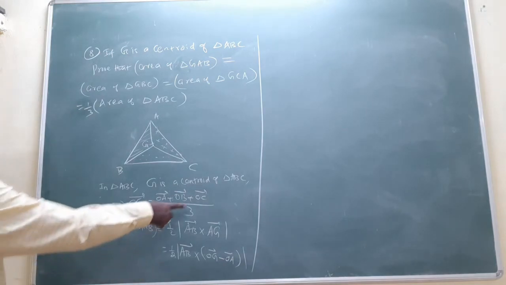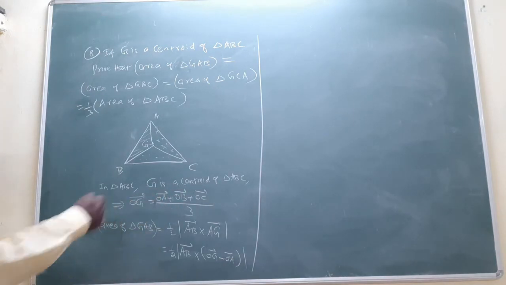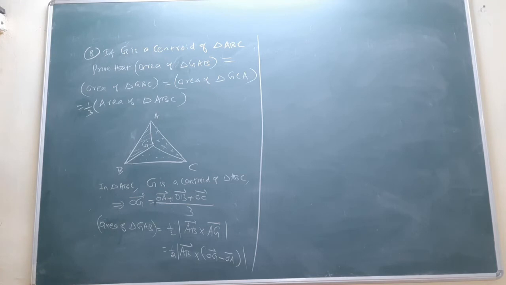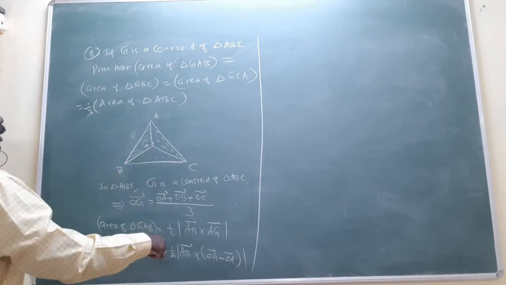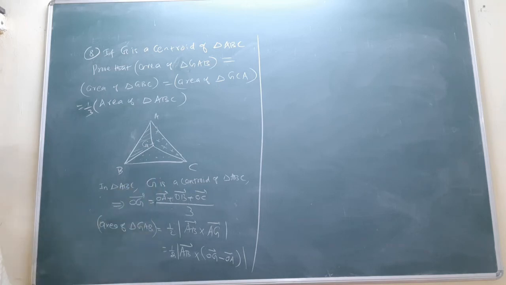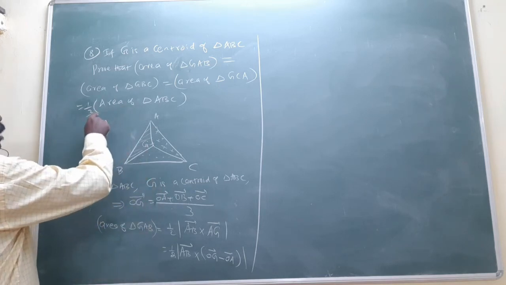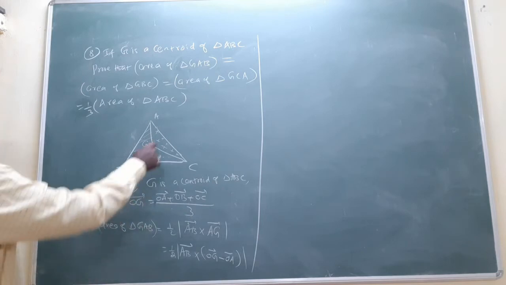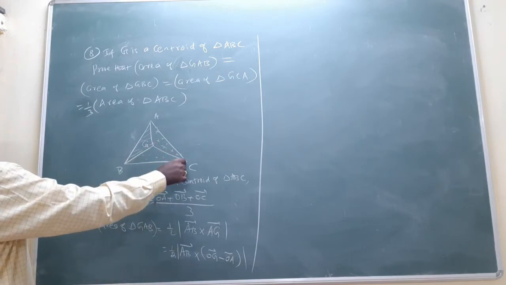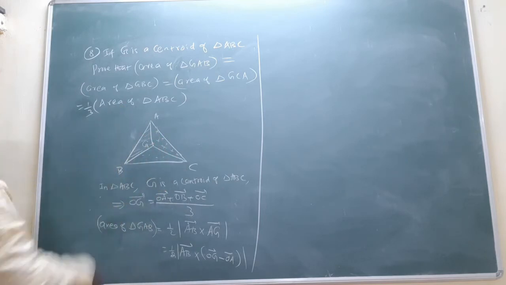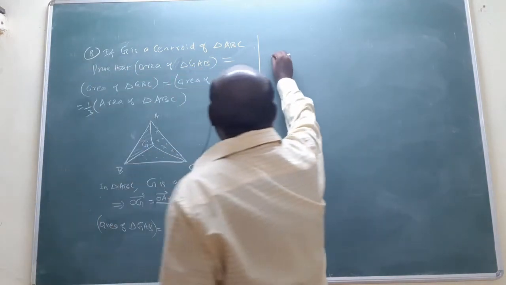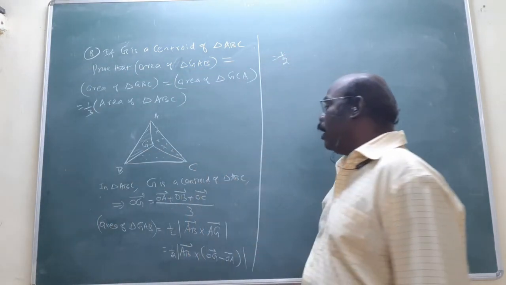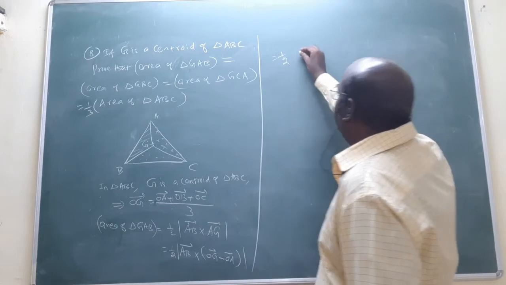Now substitute the OG value, take the LCM, and simplify to get the first answer. Similarly, consider the area of the triangle GBC formula. With the same method, we get one more answer: 1/3 of the area of the triangle. Again, for triangle GCA, we get the same answer. You will do these two parts. The third part, similarly, you will take the answer. Now half into AB only.